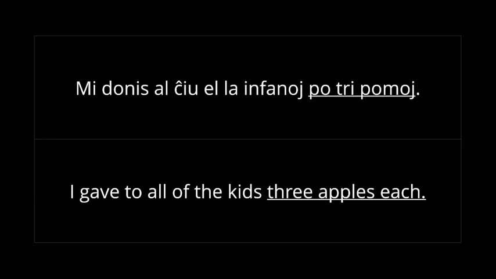You know, tri pomoj is part of the phrase that is governed by the preposition po, and it doesn't really get applied as an object. So it's mi donis po tri pomoj. Nothing really can take the N there. So it's a bit of an odd case.